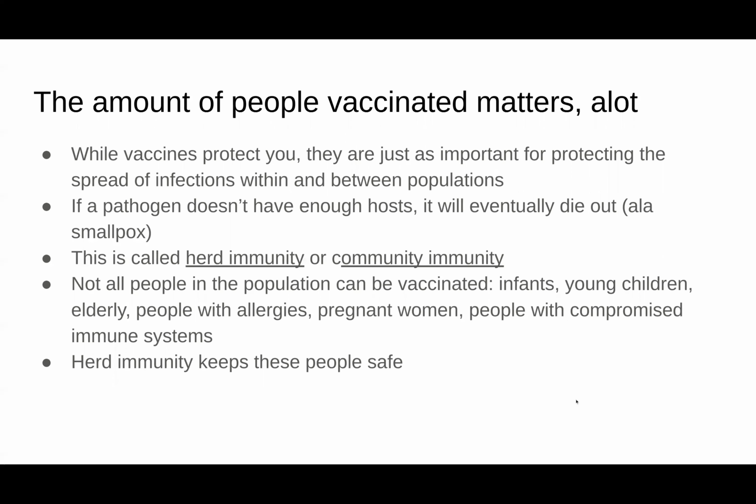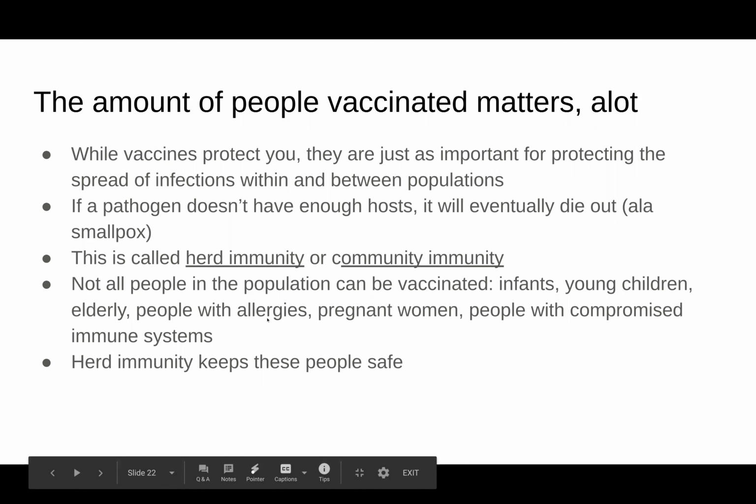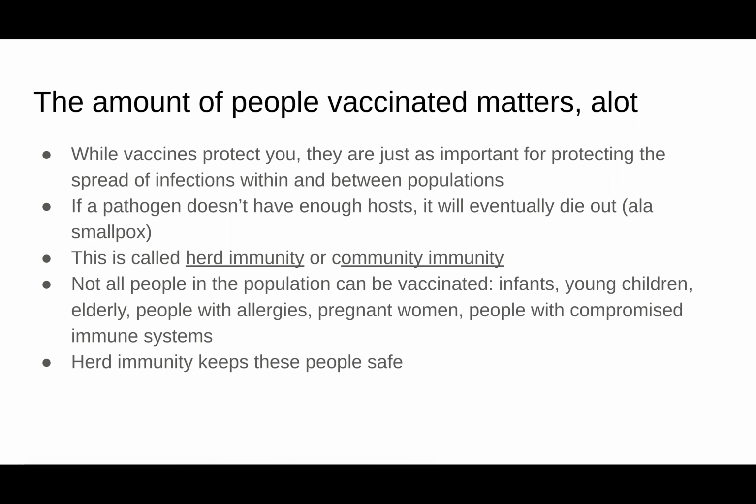This includes infants, young children, the elderly, people with severe allergies, pregnant women, and people with compromised immune systems who simply cannot be vaccinated. While your vaccination against measles protects you against getting measles, it's equally important for protecting those who can't get vaccinated. And again, there's a pretty big group of people who simply can't get vaccinated.